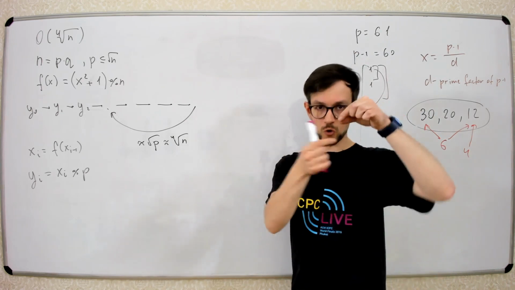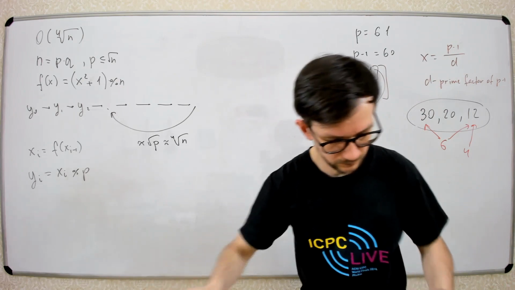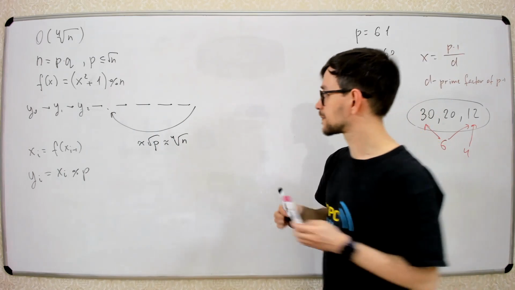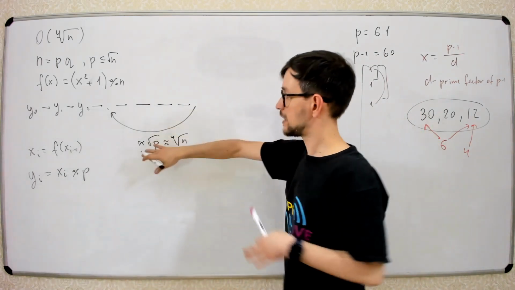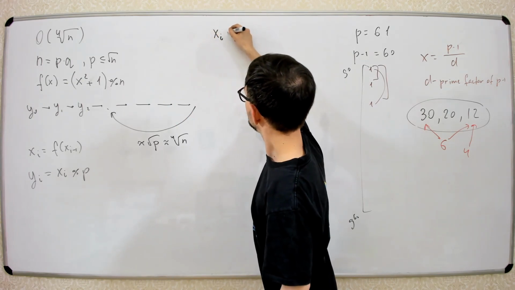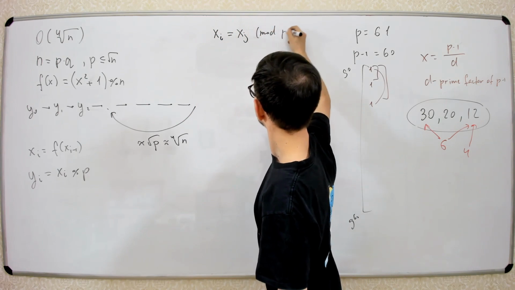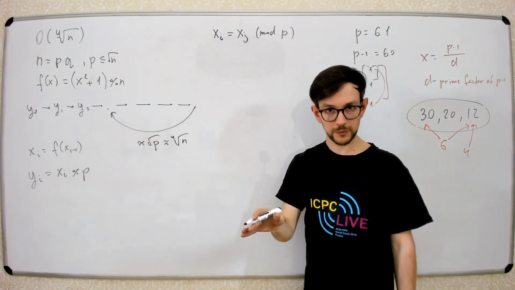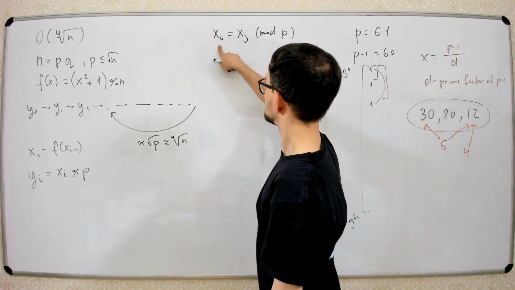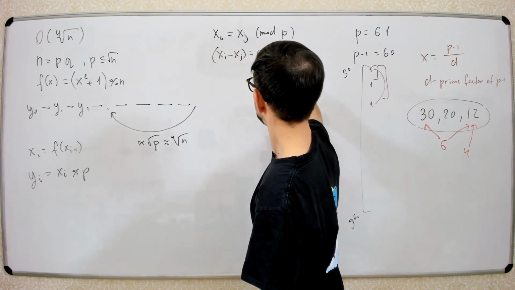Let's make 2 pointers. Again, what happens if I have a period modulo p? It means that I have some xi equals to some xj modulo p. I don't know modulo p. But what I can do is take the difference of these numbers, xi minus xj, which is 0 modulo p.